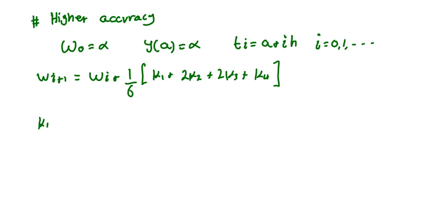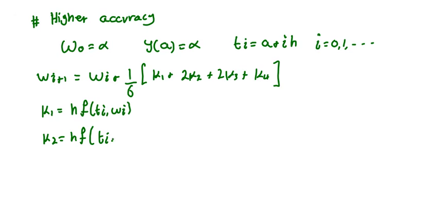Our k1 right here is simply h multiplied by f of ti comma wi, like that. Our k2 is equal to h times f of ti plus h over 2 comma wi plus 1 over 2 times k1, which is basically k1 divided by 2.